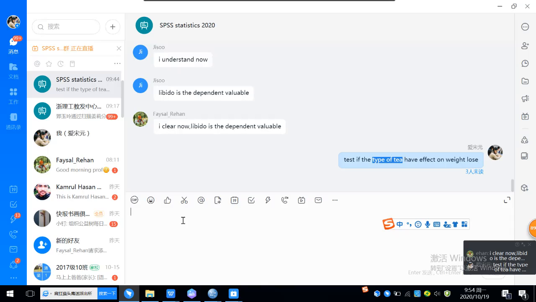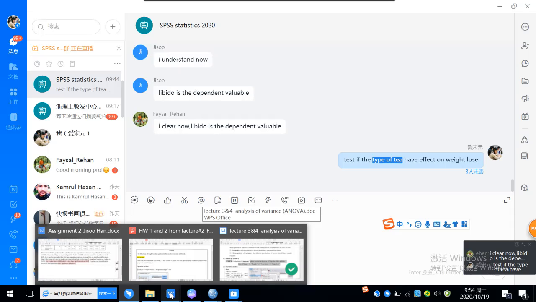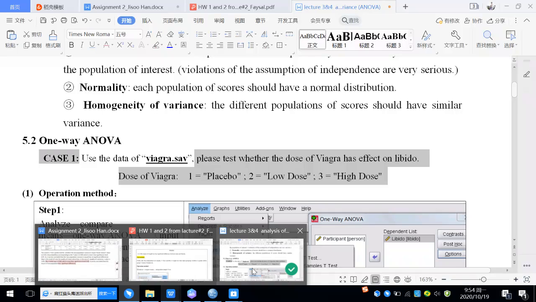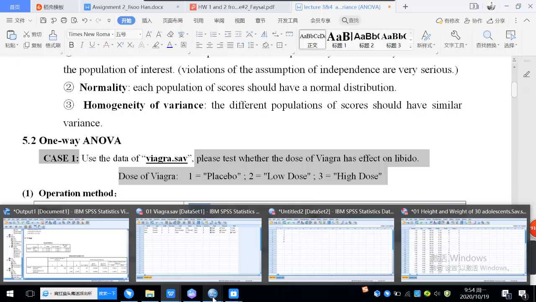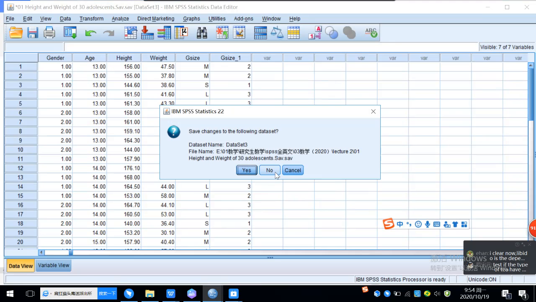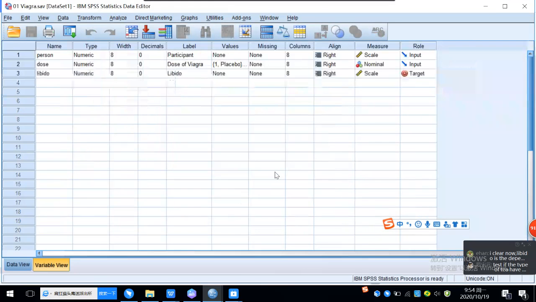Okay, here is another example. After we have this idea, we continue to test. Please open the Viagra file and save. Here is the Viagra file. Here we have the participants.